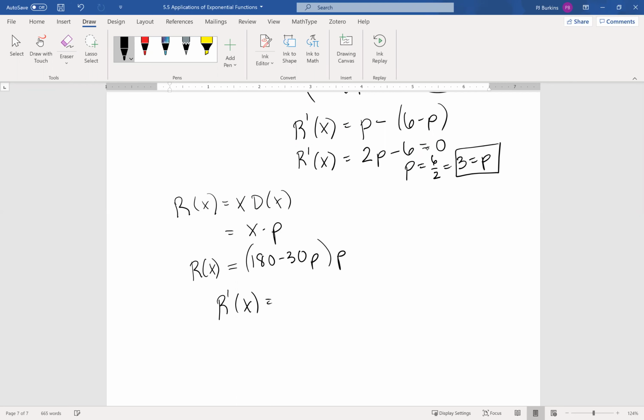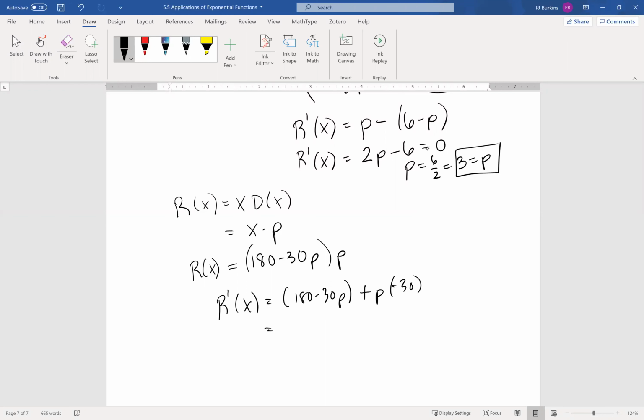R prime: the p on the outside, the derivative is 1. So 180 minus 30p plus, leave the p on the outside, the derivative of the inside is minus 30.